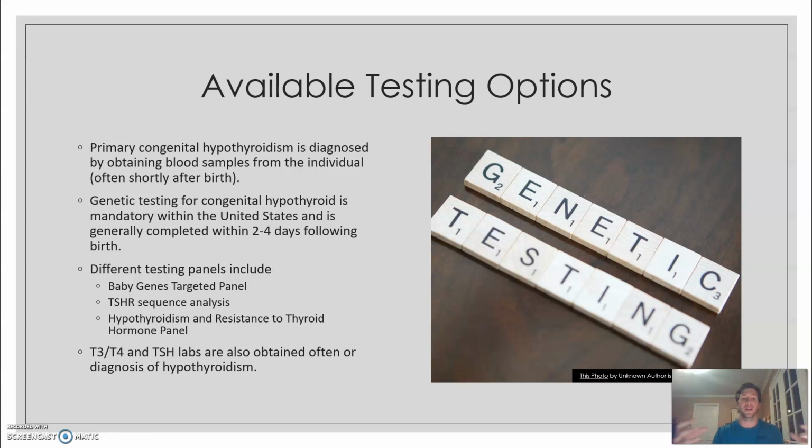Different panels, which are a collection of tests, are able to diagnose this disorder, including baby genes, targeted panel, TSHR sequence analysis, hypothyroidism, and resistance to thyroid hormone. You can also simply get a lab test, which will show you the T3, T4, and TSH levels individually.